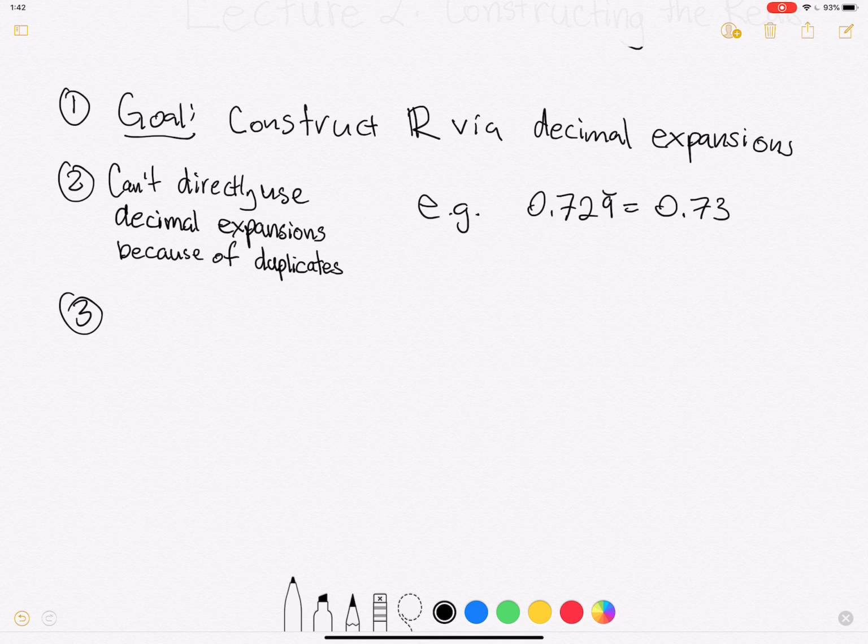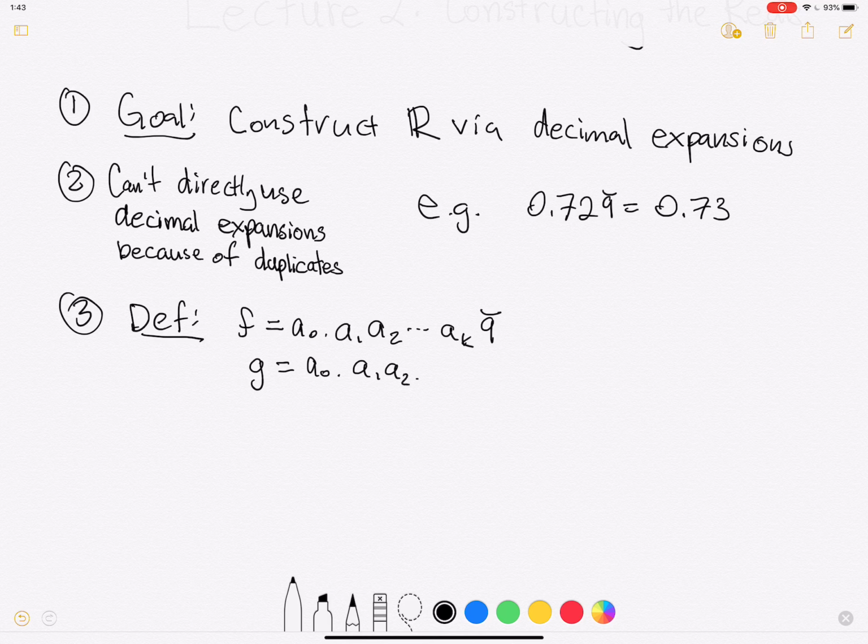Three, we defined what it means for f to be equivalent to another decimal expansion g. So f, when it has this repeating structure of 9s at the end, and g, when it's the same number in the reals but a different decimal expansion.